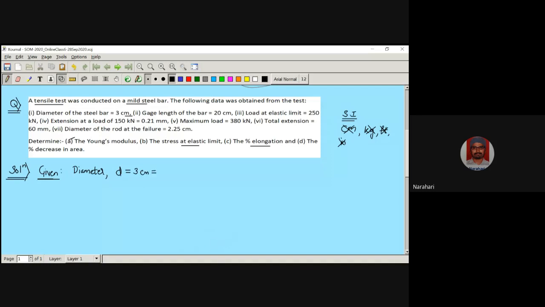So 3 centimeters. As I have told you earlier also, we will stick to millimeters. Since this question already gives one datum in millimeters, I'll convert this also into millimeters. So D should be how much? 3 into 10 power minus 2 meter. Oh, millimeters, sir.